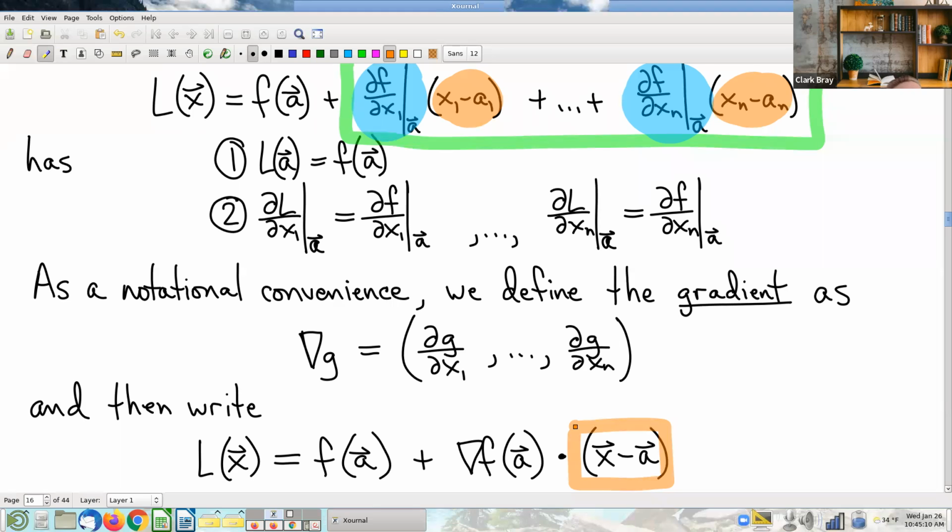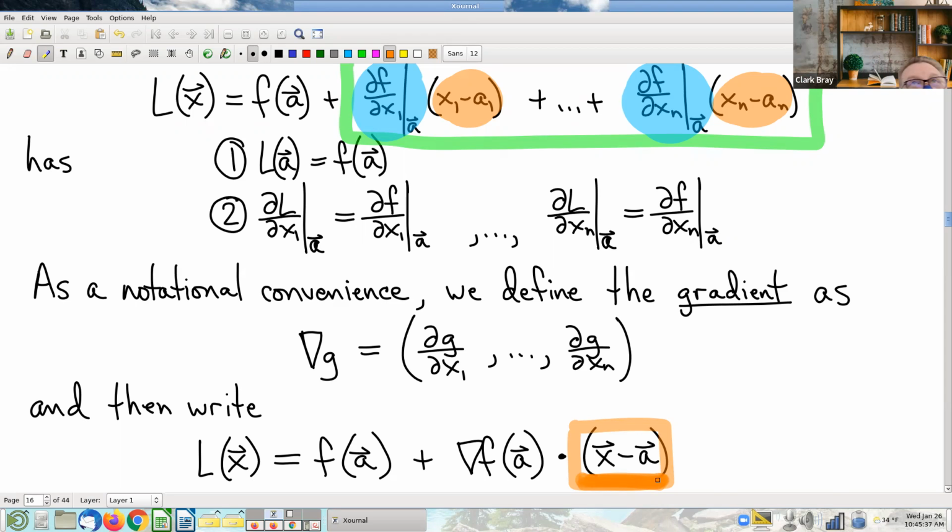So where we are then, this clearly very important expression that's doing most of the heavy lifting in our linear approximation is a dot product, a dot product of something with our input differential. Well, that's an extremely natural construction.